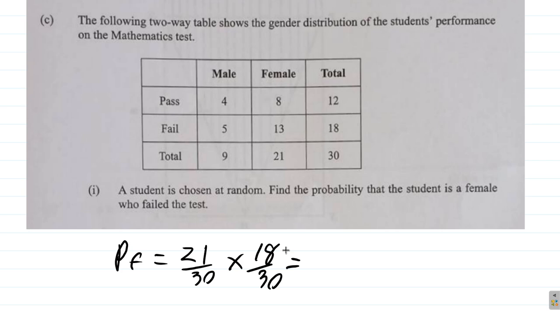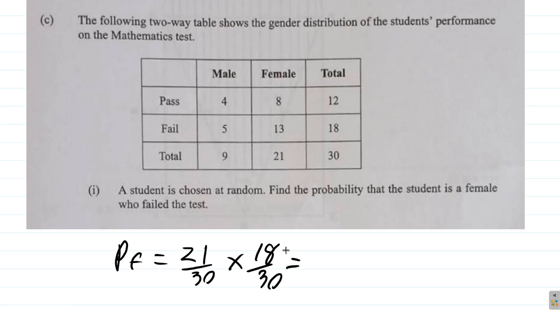You just went ahead and chose any student. It could be that you chose a male, that's a probability, but it happened to be a female.